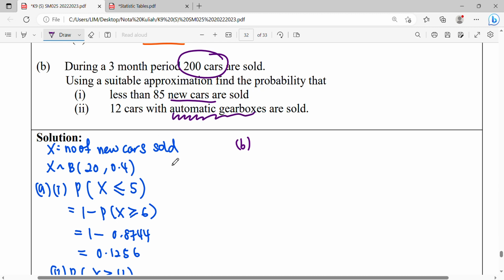So for the first situation, we still use X, the number of new cars. We want less than 85 new cars, but the distribution sample is 200, new car 0.4.